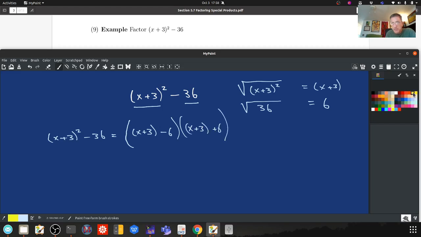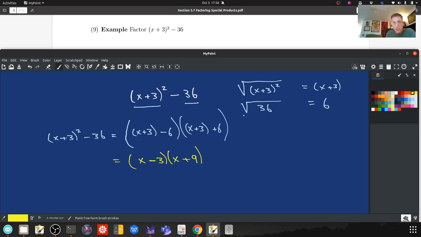Now we can do some simplification here. x plus 3 minus 6 is x minus 3. And x plus 3 plus 6 is x plus 9.